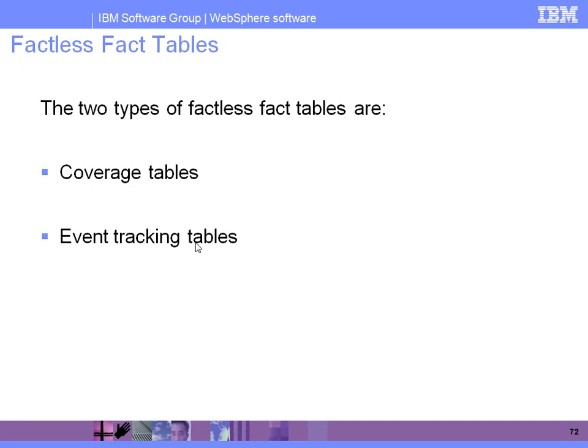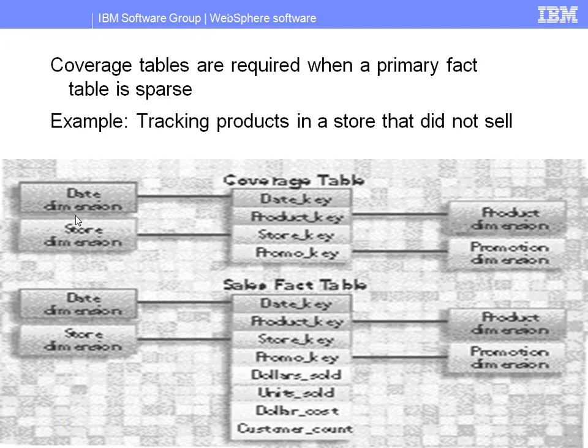If there are no measures in a fact table, then the table we create with only foreign keys is called a factless fact table. These factless fact tables are generally used to do a kind of tracking. For example, I want to know what stock is available in my store. That is, the products which did not sell to customers in the store.